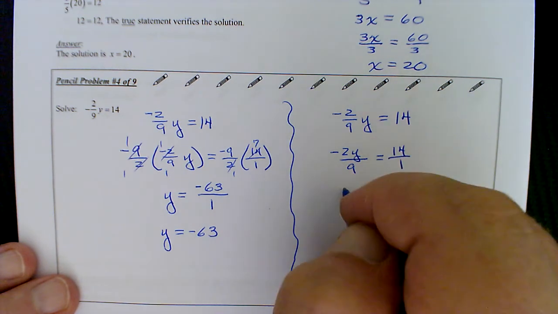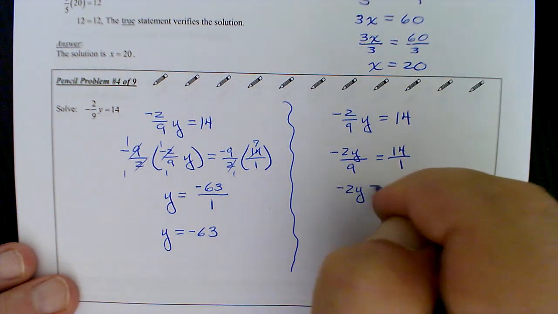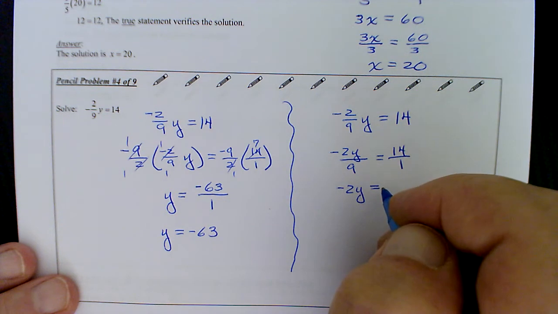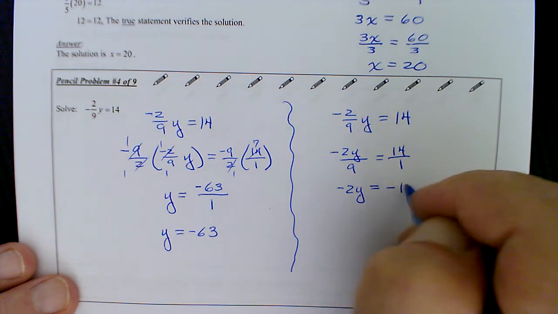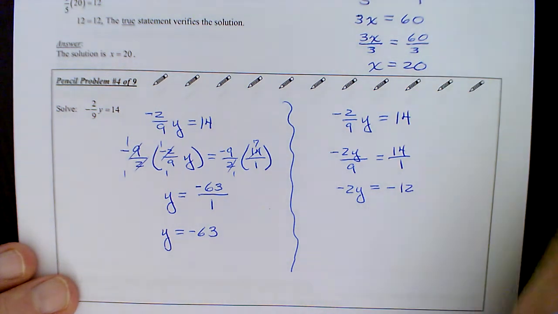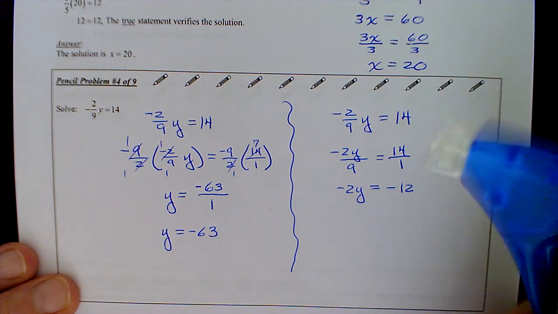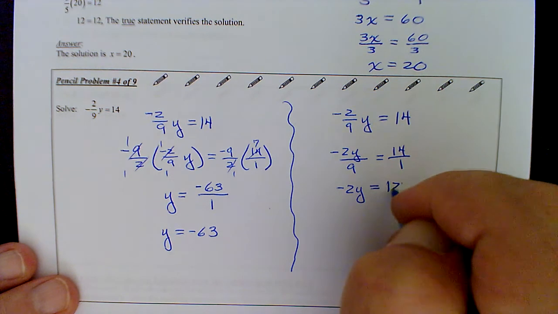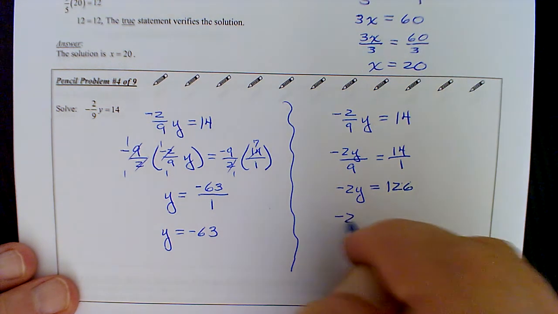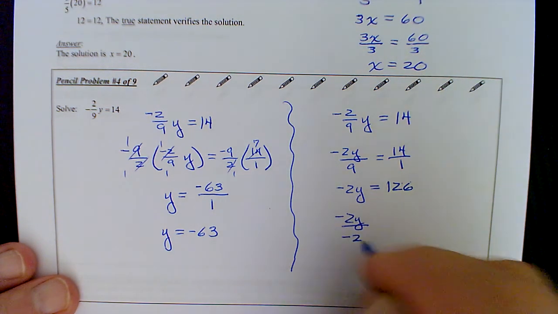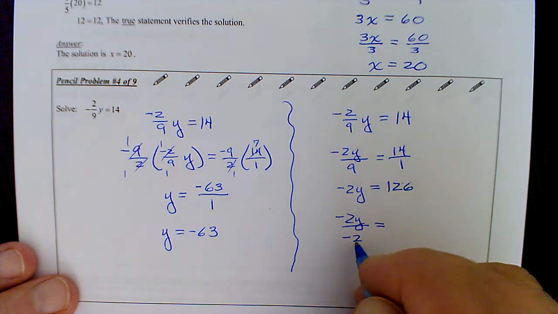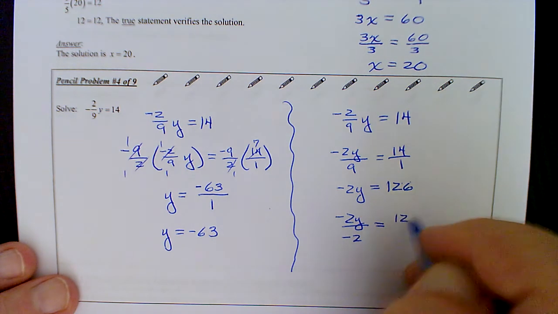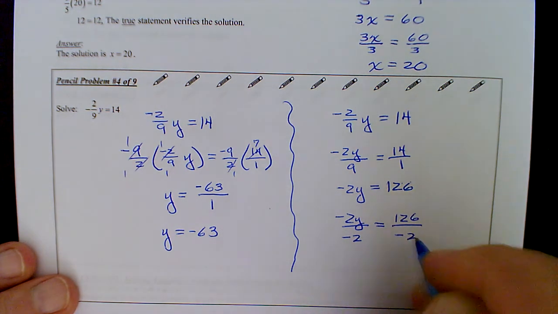So 1 times -2y, -2y, 9 times 14, if you need your calculator, -126, positive 126, and now divide by the coefficient, sign included. Never put the variable, when you do this division, never put the variable in the denominator, only the coefficient, sign included. Because you're trying to solve for that y.